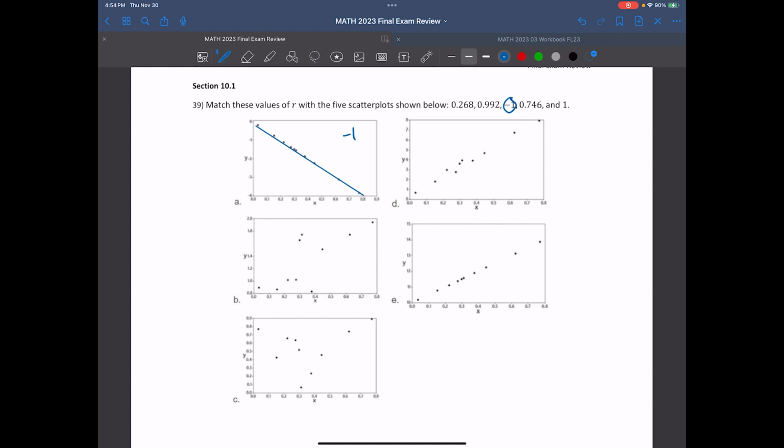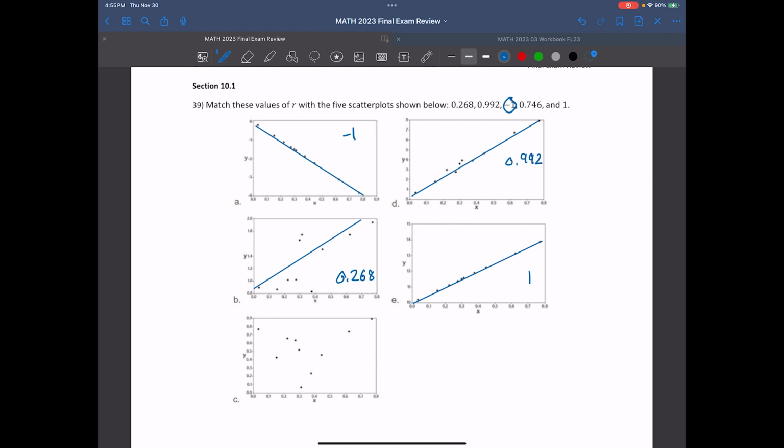This one has a little bit of spread to the left and right, but there's a rough estimate of the regression line. It's positive, so it's going to be 0.992. This one is really far spread, but it has a positive slope, so it's going to be 0.268. This one is pretty much a straight line in a positive direction, so it's going to have an R of 1.